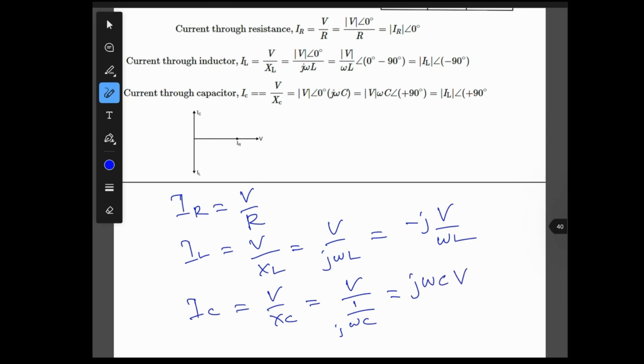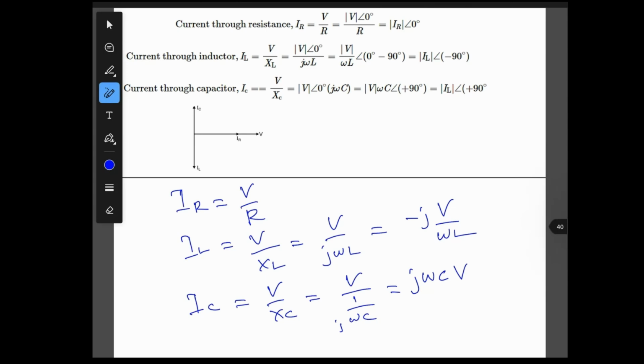When we look at these three equations, IL and IC have J. J means the imaginary axis. For IR, there is no J, which means it is on the real axis.